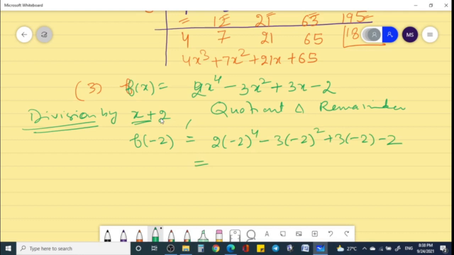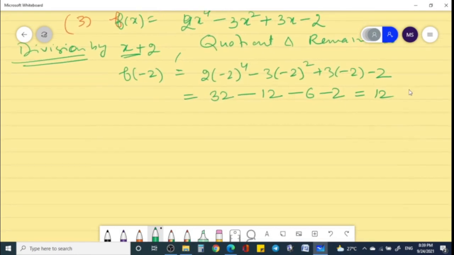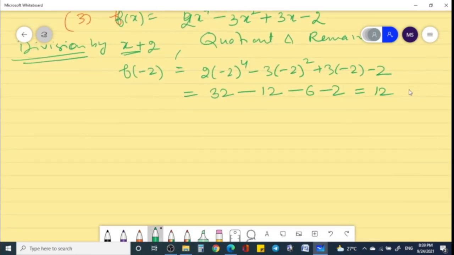That will be the remainder. This is 32 minus 12, this is 20, 20 minus 6 is 14, minus 2, this is 12.